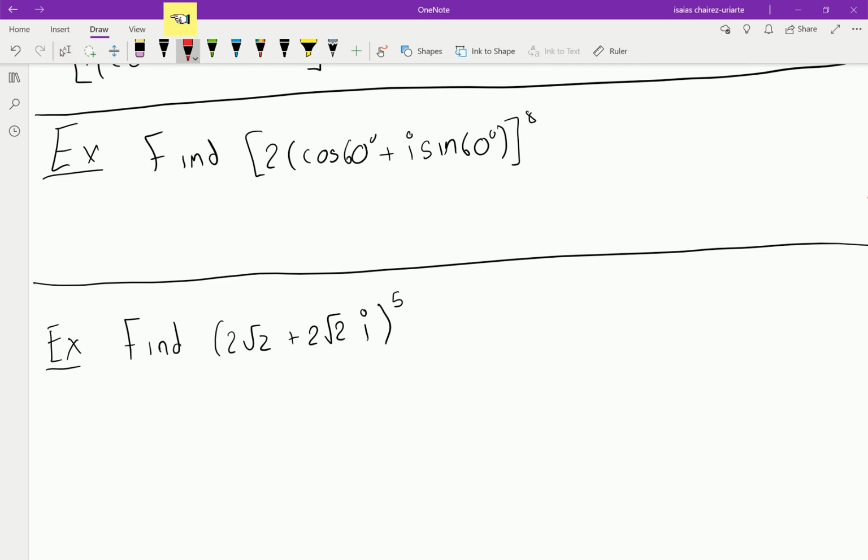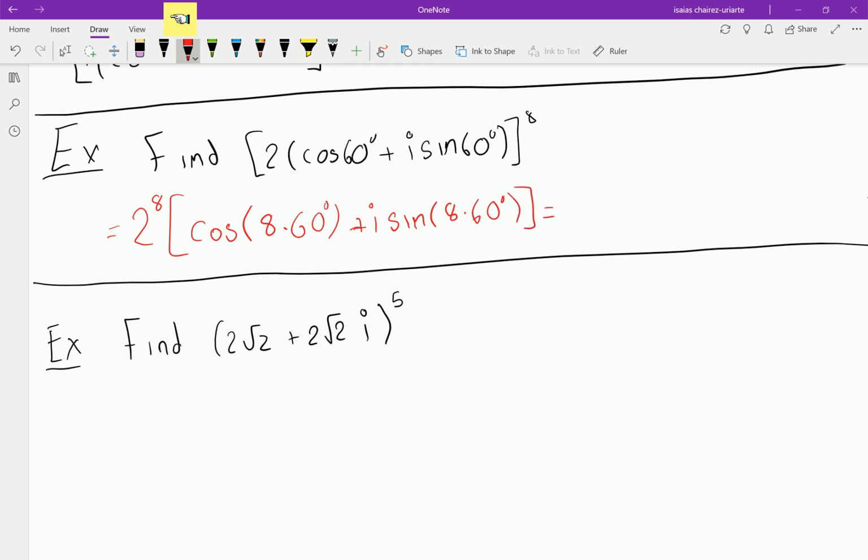According to DeMoivre's theorem, what I should end up with is 2 to the 8th times cosine of 8 times 60 degrees plus I sine of 8 times 60 degrees.